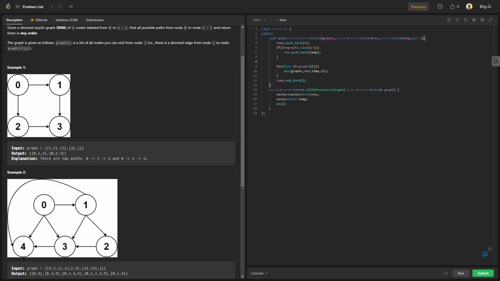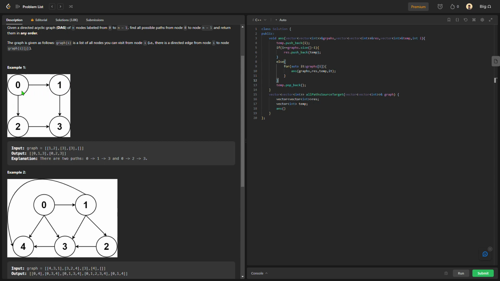This should always occur in an else part. Okay, that is it, and we are done. temp.pop_back removes the present child, and then we iterate over the next child.